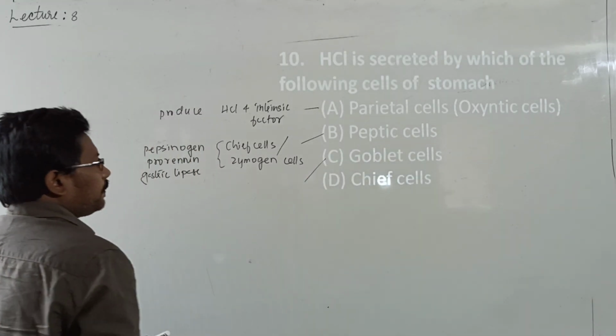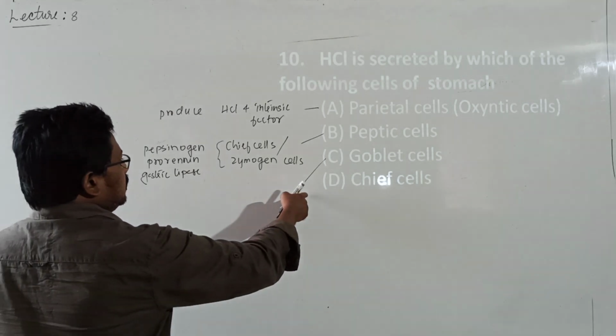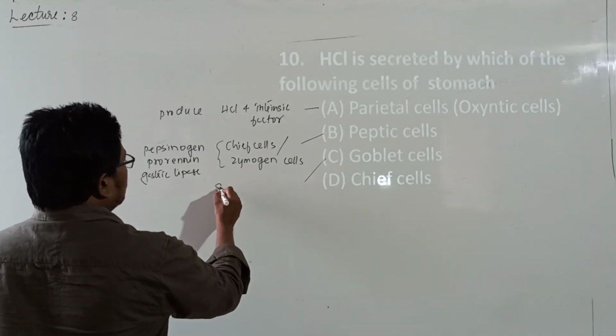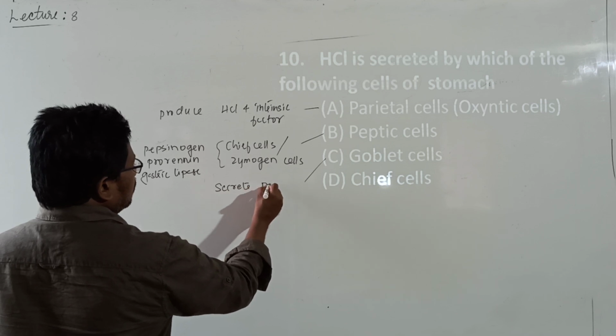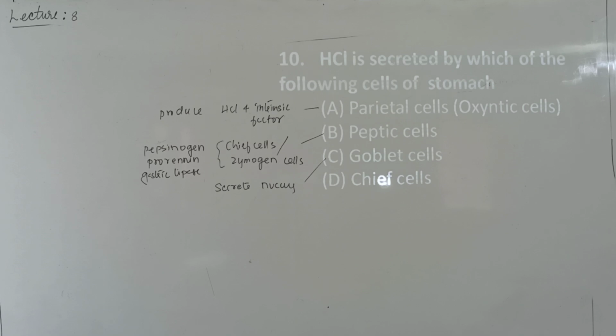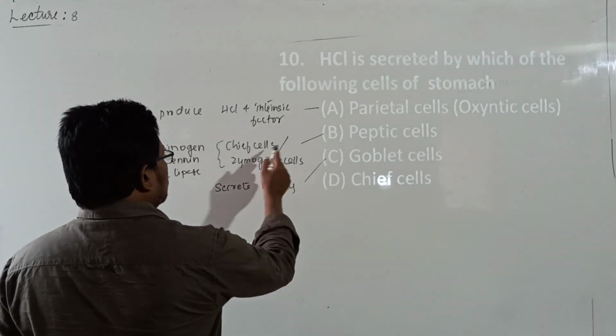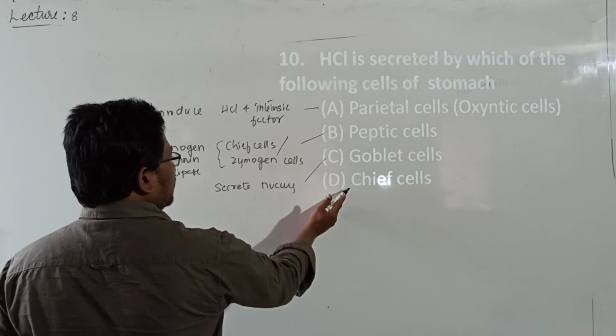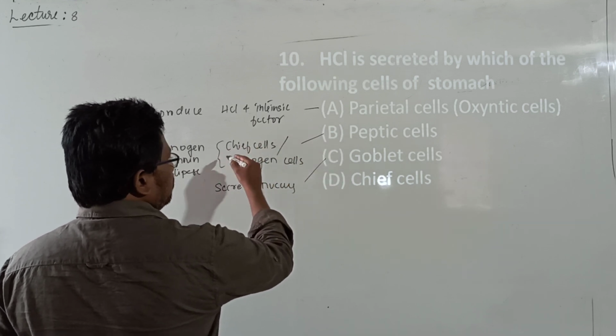Then coming to the goblet cells, these goblet cells secrete the mucus, and we know that the chief cells or the peptic cells are one and the same, which I have already mentioned here.